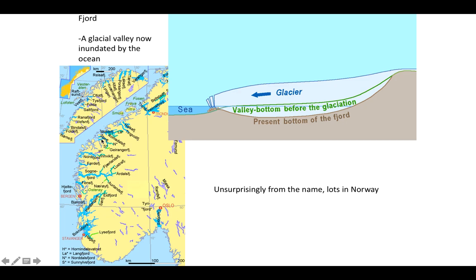But a fjord is a glacial valley that is filled with seawater, and it's an outlet to the sea. So this would be a fjord. See how it kind of looks like a river, but essentially it was made by a glacier. A glacier would have carved this nice giant U-shaped valley and then filled it with water. And that water eventually makes its way out into the open sea.